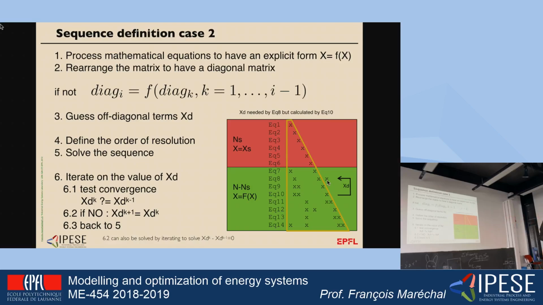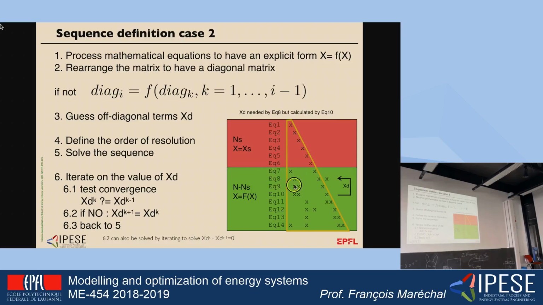So in this case, what you can do is to say, okay, why don't we use what we know from the solving procedure? We know that the equations are nonlinear, but what I can do is that if I'm fixing a value for this variable here, then I can calculate the diagonal by solving this equation here.